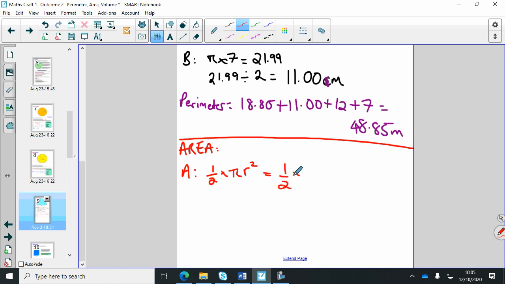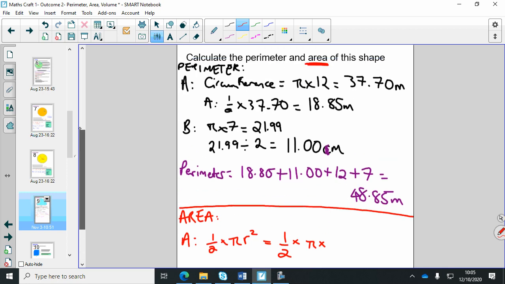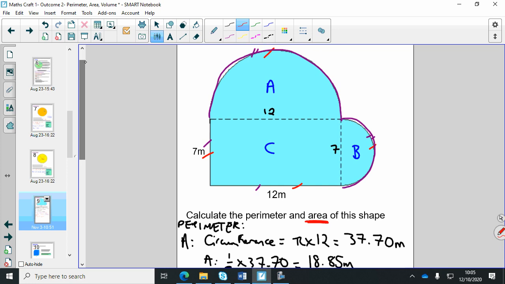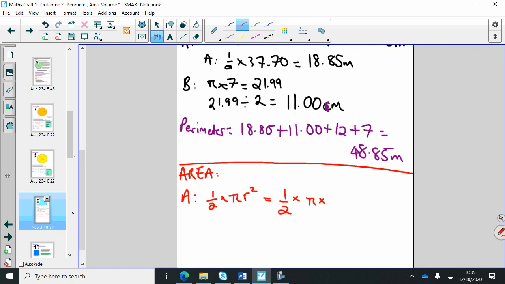The radius of the circle A is going to be halfway, remember, so that's going to be 6. So it's going to be a half times pi times 6 squared, which gives me 56.55.